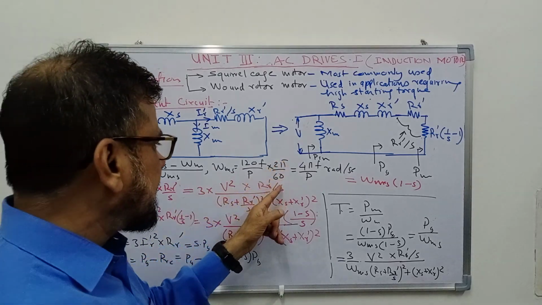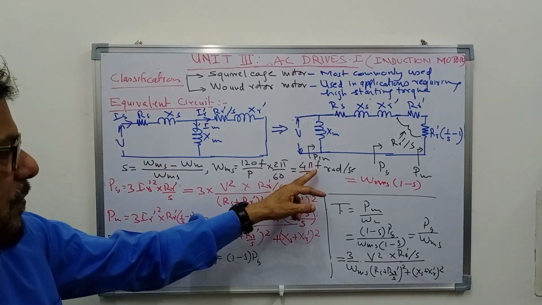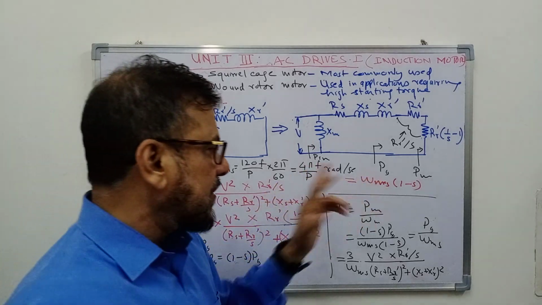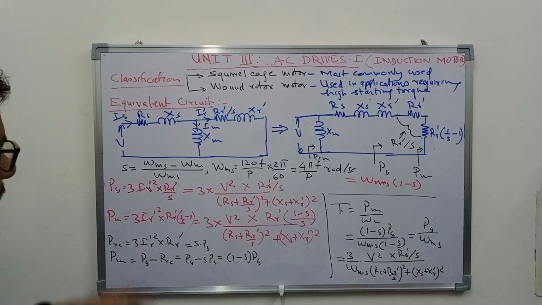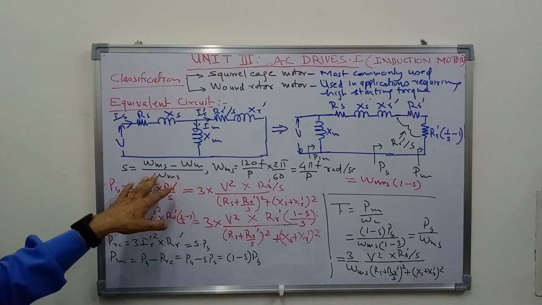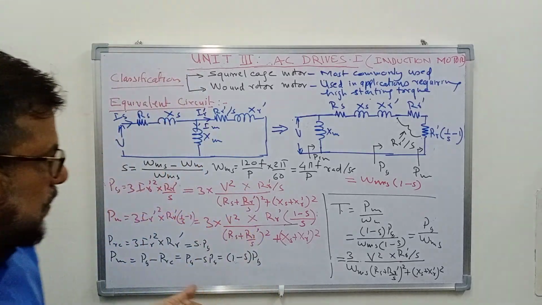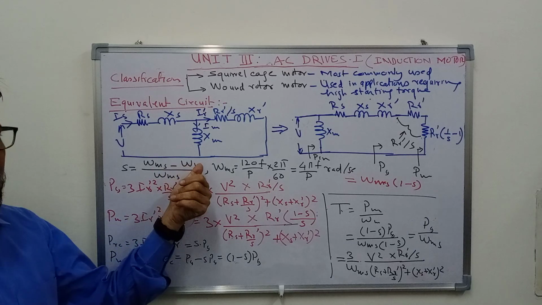Multiplied by 2 pi by 60, it converts into radians per second, and this comes out to be 4 pi F upon P radians per second. So this is the slip of the motor.